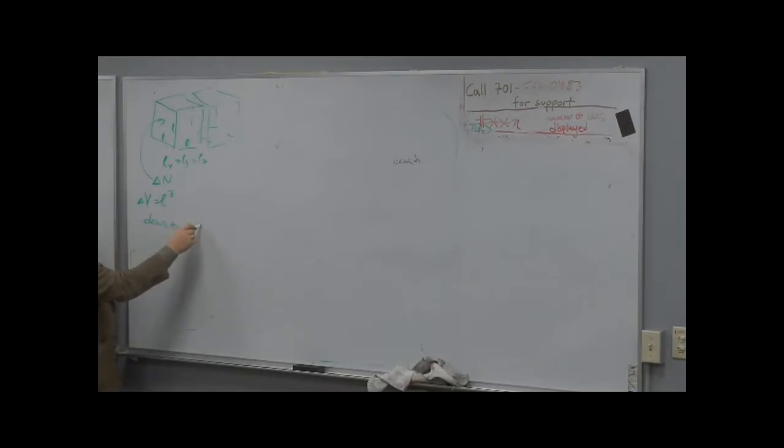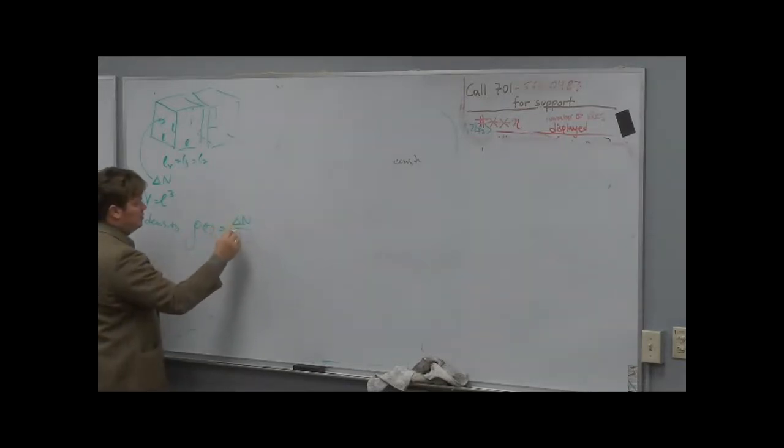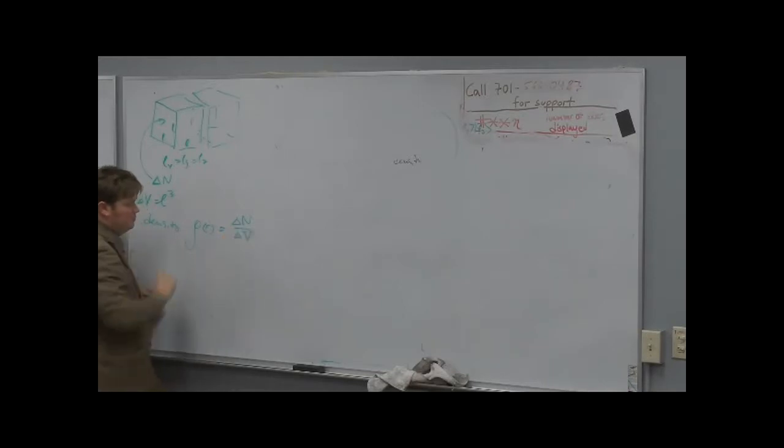Density is mass divided by volume. And we don't care about mass. We care about charge. So, density of charge. Why are we using change in n and change in p, delta n and delta p?